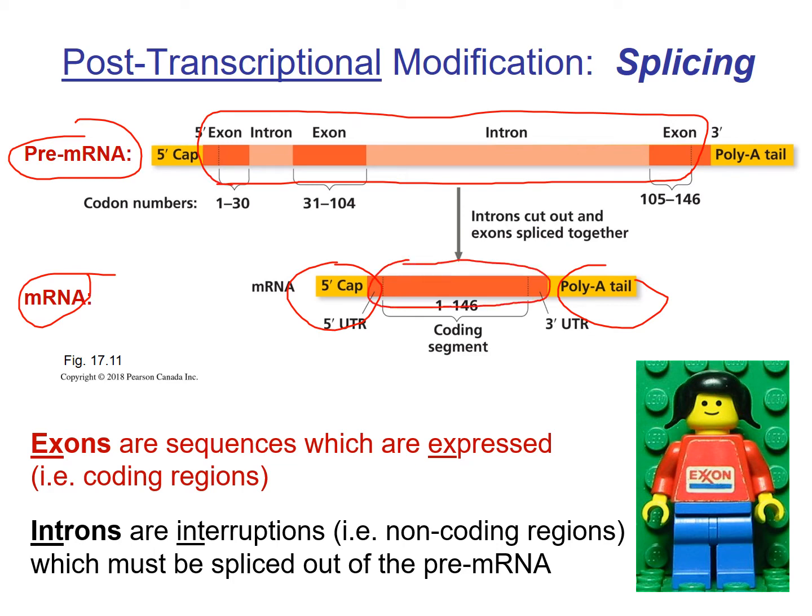So within the coding sequence, we have these two things. One of them is called the exons. Exons are things that are expressed, meaning those are the sequences that are actually used by the protein. Introns are the other region, and they're interruptions, meaning they are cut out and not in the final messenger RNA.